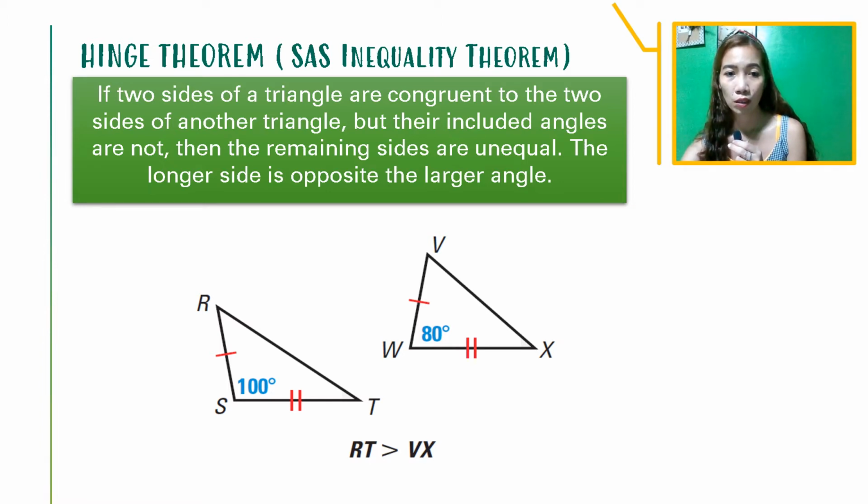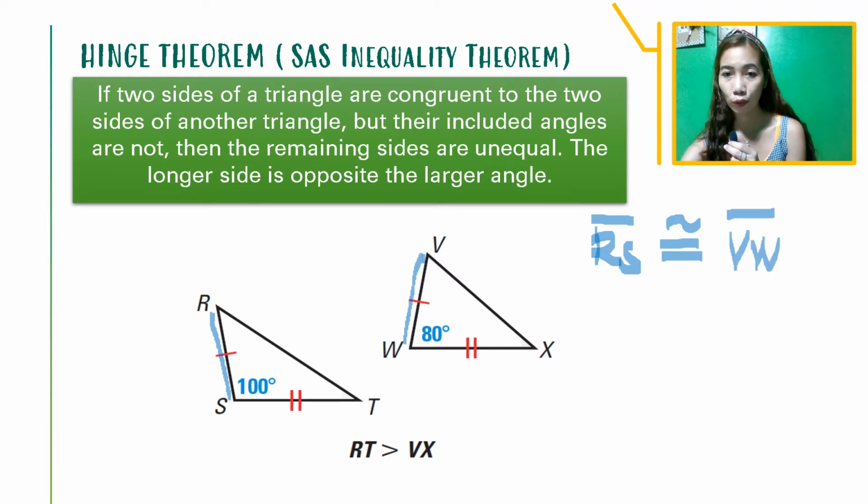Here, side RS is congruent to side VW. So that's the first one. Again, segment RS is congruent to segment VW.